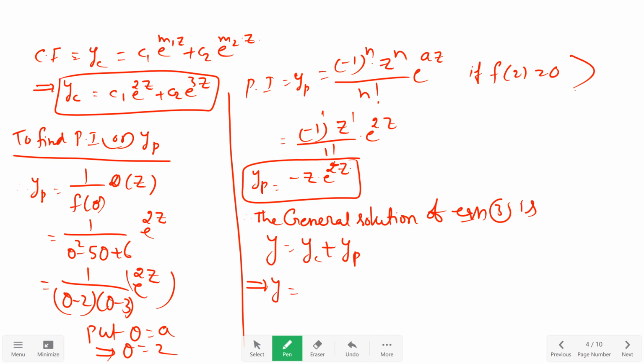So y is equal to c1 e to the power of 2z plus c2 e to the power of 3z plus the particular integral, minus z into e to the power of 2z. So this is the solution of equation 3.